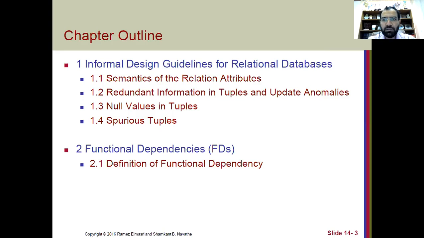Let's suppose whether the employee number determines the employee name, or the employee grade determines the salary, or the address determines the city, and so on and so forth. These are all called functional dependencies. So in this chapter, we will see the definition of functional dependency, and we will see practically how we can identify those relationships among attributes in a given relation.